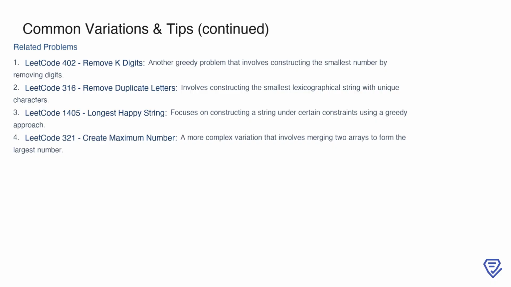LeetCode 1405, Longest Happy String, involves constructing a string under specific constraints, again using a greedy approach. Lastly, LeetCode 321, Create Maximum Number, is a more advanced variation that requires merging two arrays to form the largest number. Studying these problems will reinforce the greedy algorithm pattern and help you apply it in different contexts.